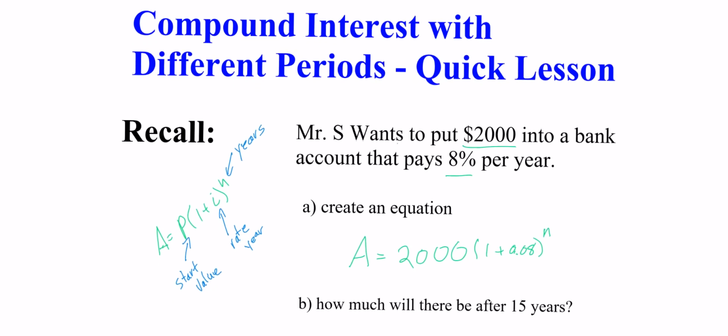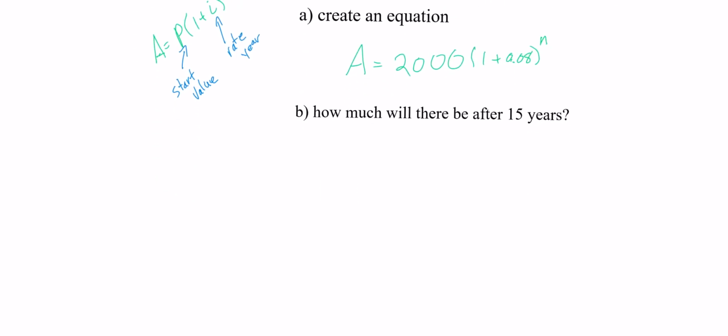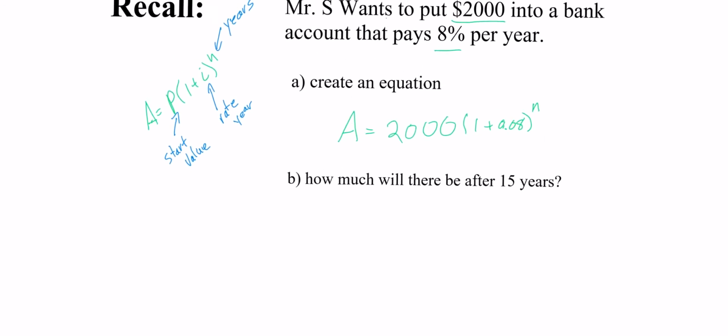Now, the next part of the question would be very simple. How much will there be after 15 years? Because n is the number of years that we were talking about up here. That means all we have to do is take our equation and substitute 15 for n. So we have A = 2,000(1 + 0.08)^15.